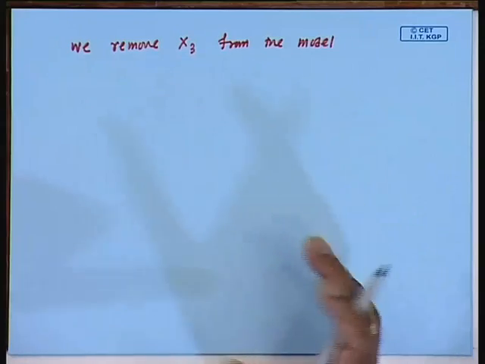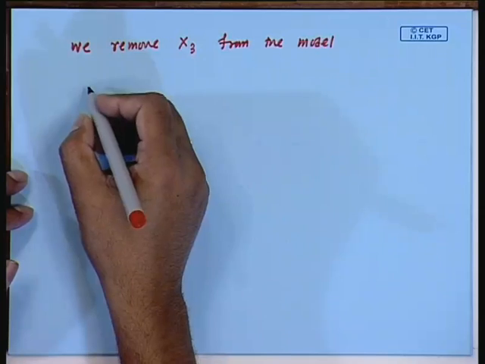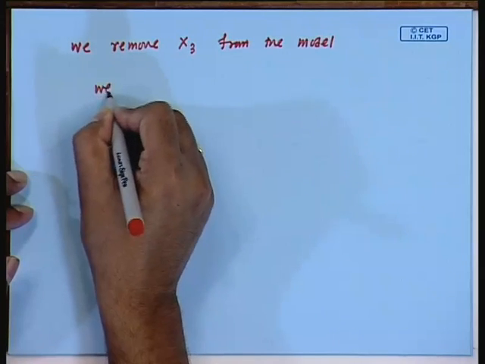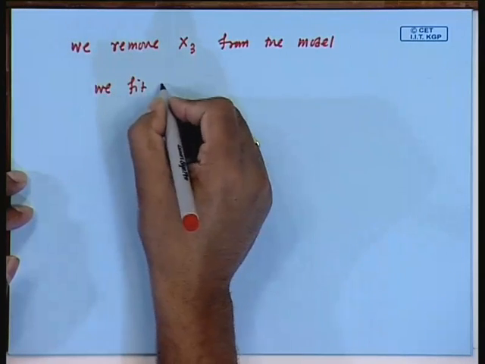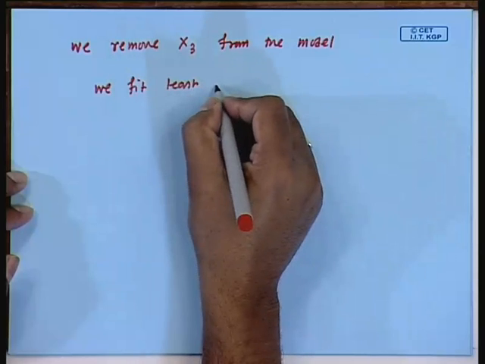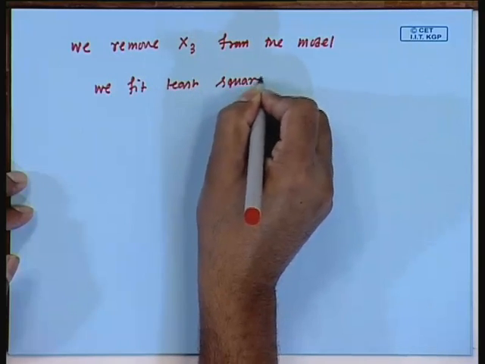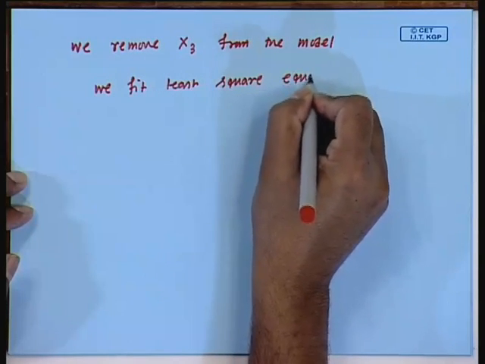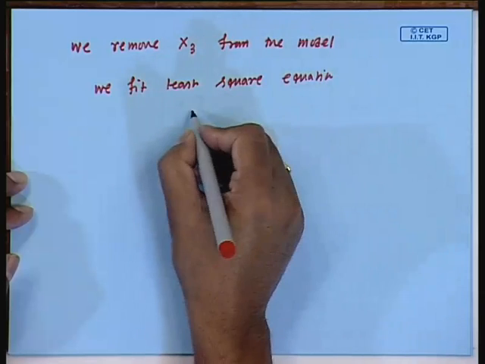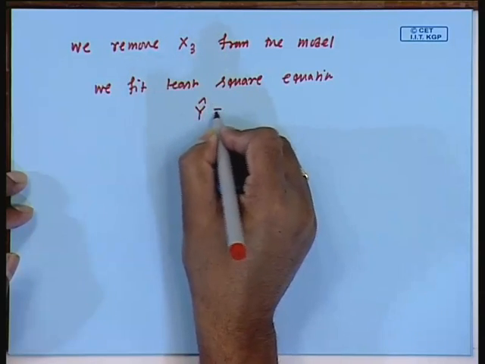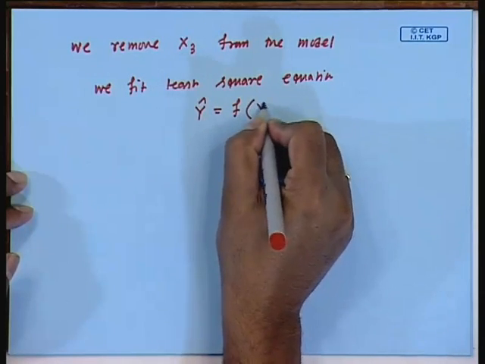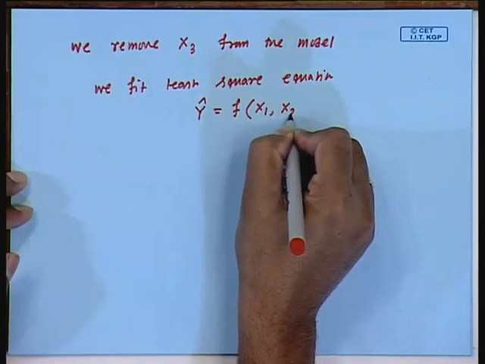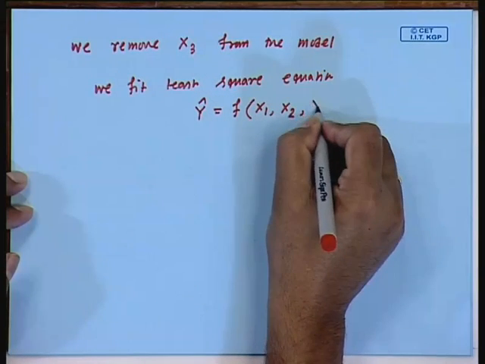So, we fit a least squares equation, a model between y and x1, x2, x4.